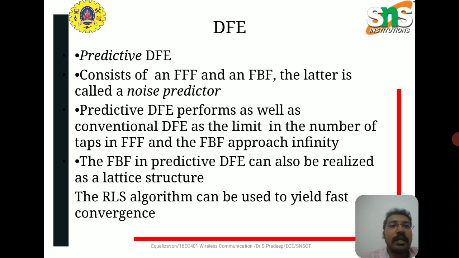The feedback filter in predictive decision feedback equalizer can also be realized as a lattice structure. The RLS algorithm can be used to yield fast convergence.